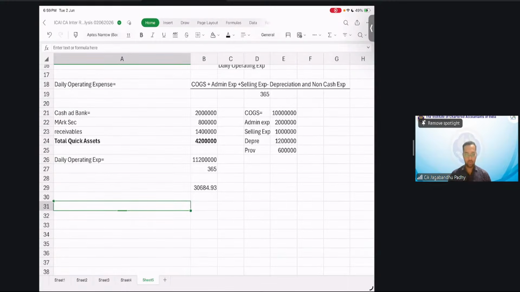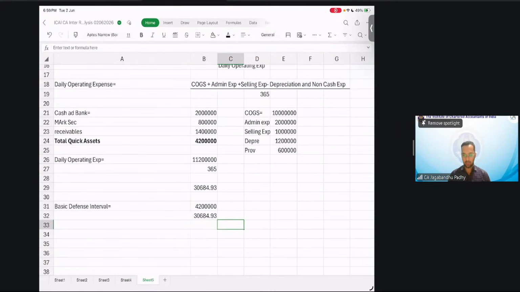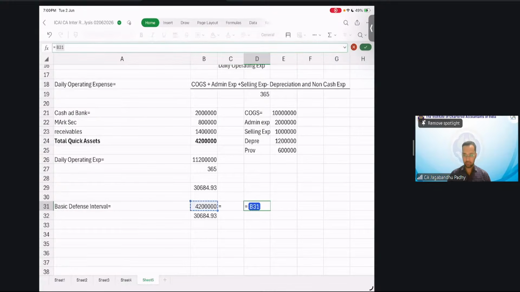So what will be the basic defense interval? That will be quick assets divided by 30,680. Okay, that's 136.875. Absolutely correct.